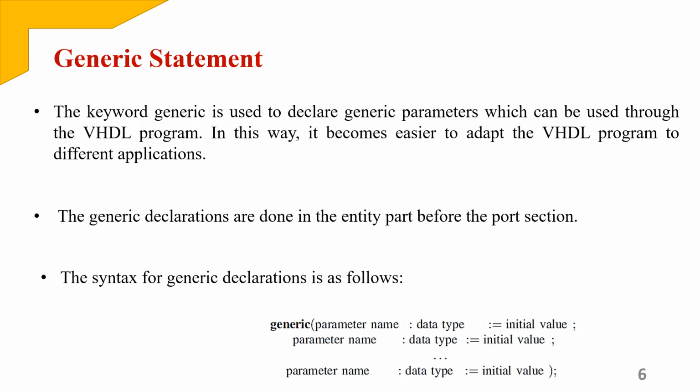You can see the syntax of the generic declaration. First, write generic between two parentheses. You have to write the parameter name, colon, data type, and then the colon and equal symbol. After that, write the initial value.